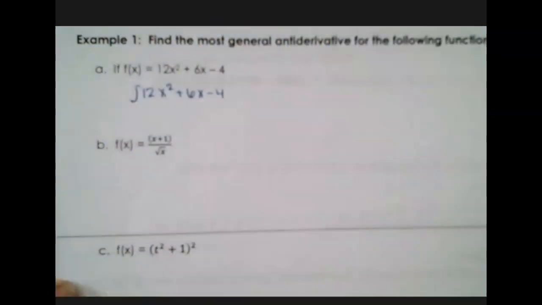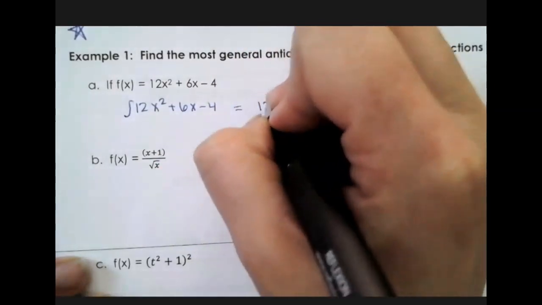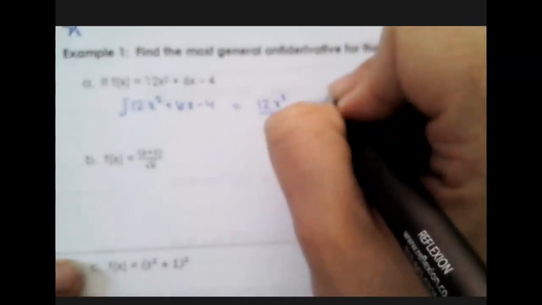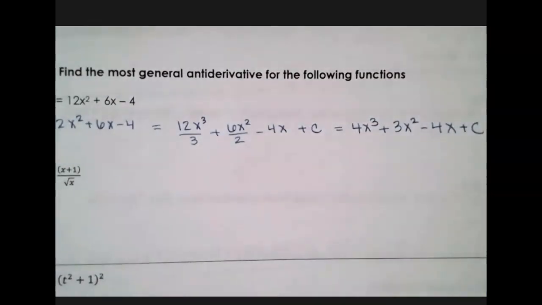So the antiderivative would look like this. And then your reverse power rule would say 12x cubed over 3 plus 6x squared over 2 minus 4x plus c. And then you would simply just clean up. 12 divided by 3 is 4x cubed. 6 divided by 2 is 3x squared minus 4x plus c.